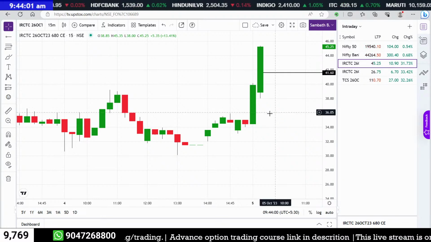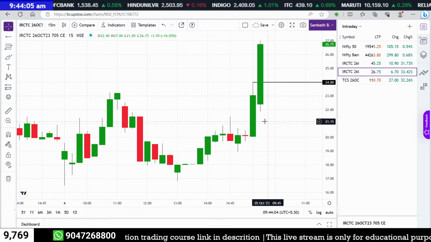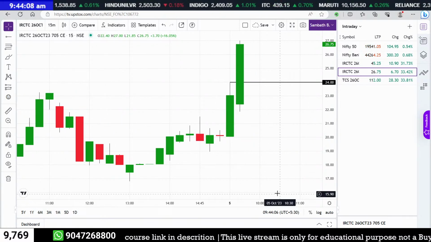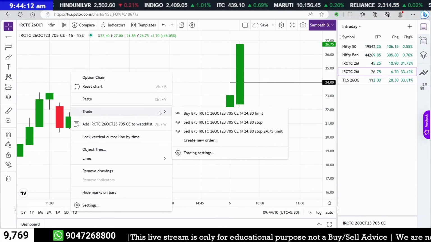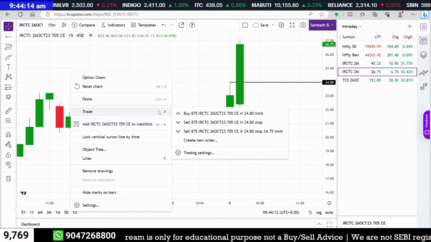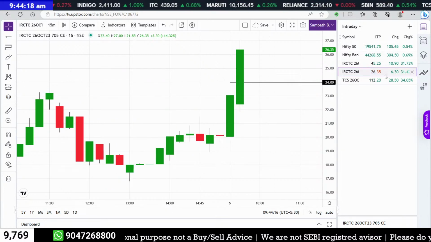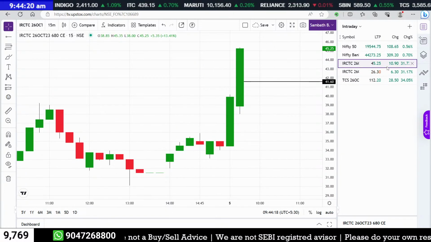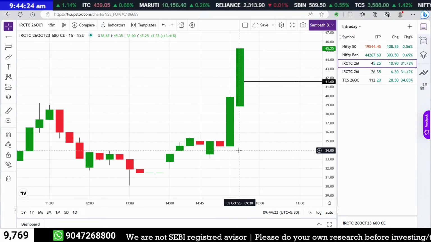IRCTC, for those who tried it for a monthly positional or intraday. The intraday breakout which we are looking for is around 24. Now it is 26. That's good enough because the lot size is around 800 plus, 875. It is moving nearby 3 rupees. That's good enough, 2000 plus. That's enough. And as a positional, the IRCTC 680 call triggers at 41.6.